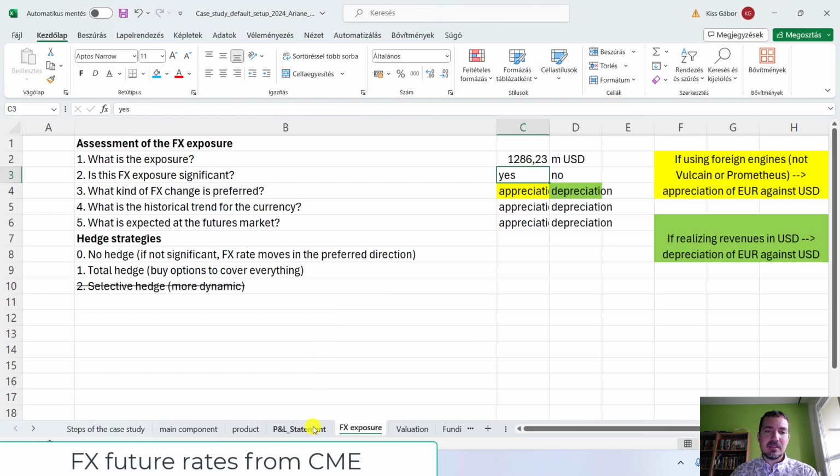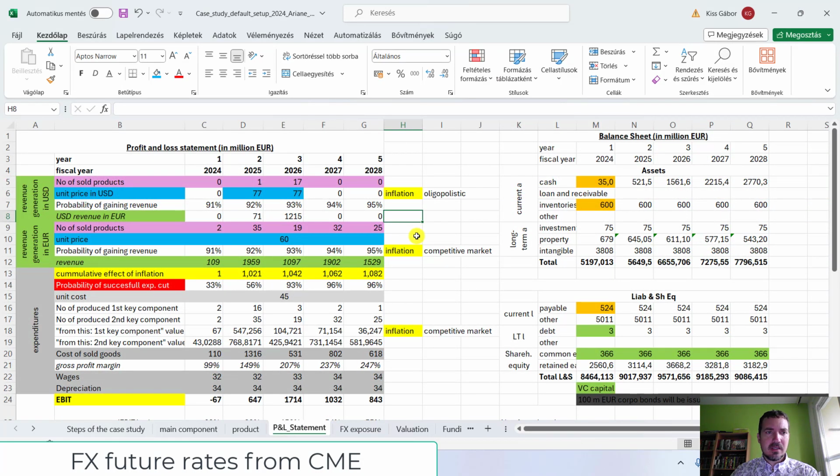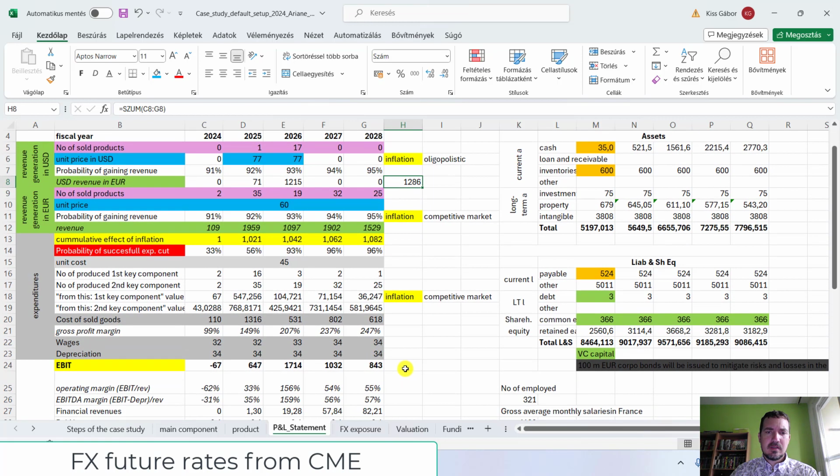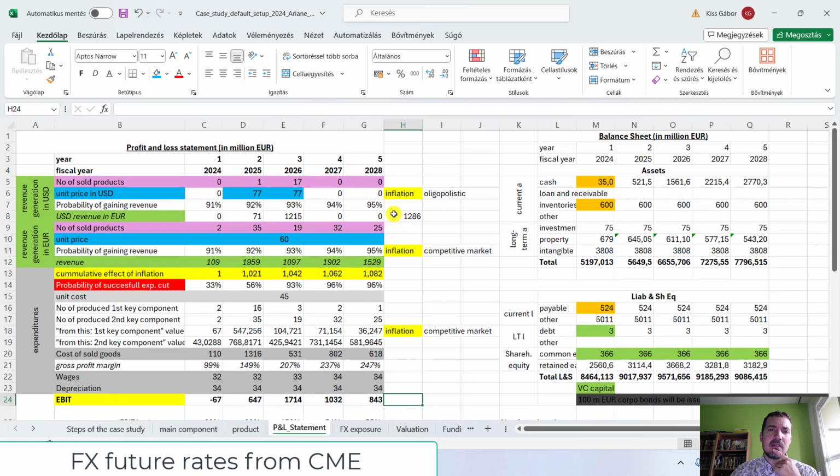Is this exposure significant? How can we decide that this is significant? So let's check based on our overall. So let's sum this up. And then let's see. Maybe not this way.